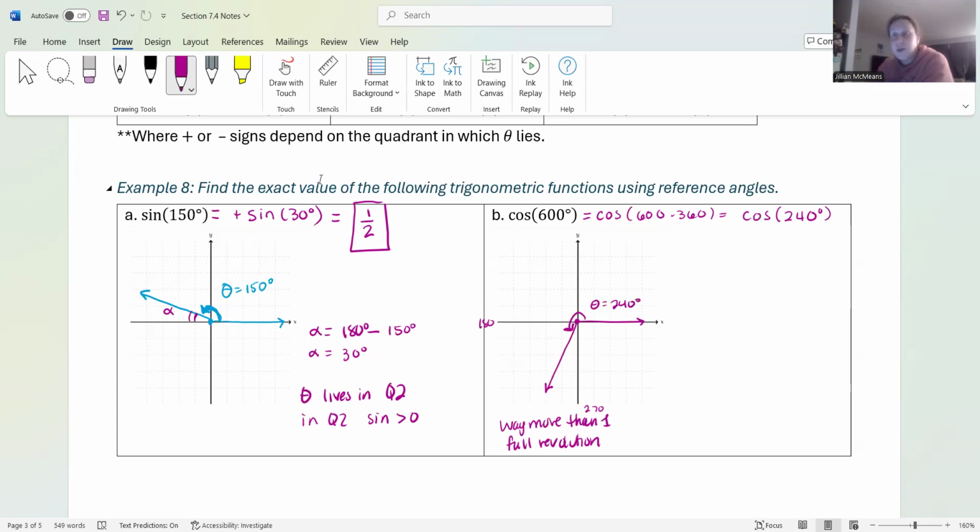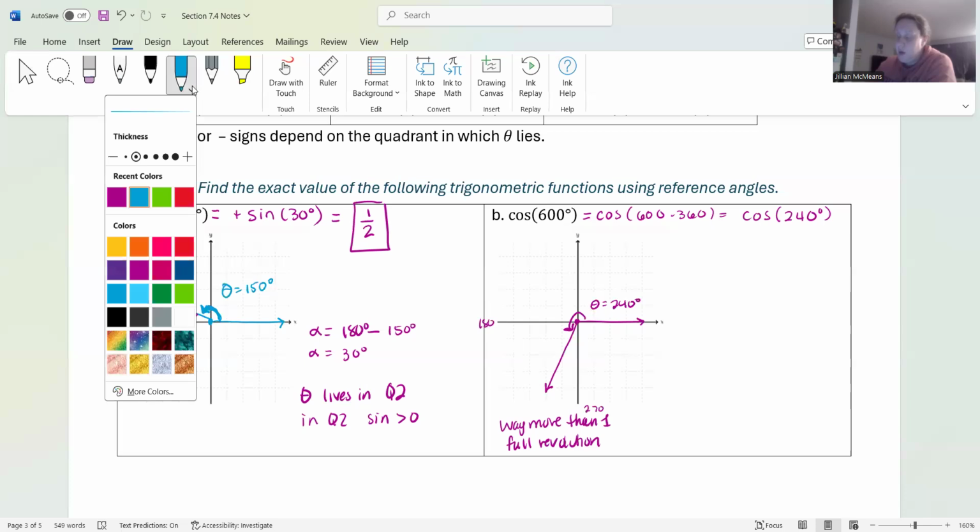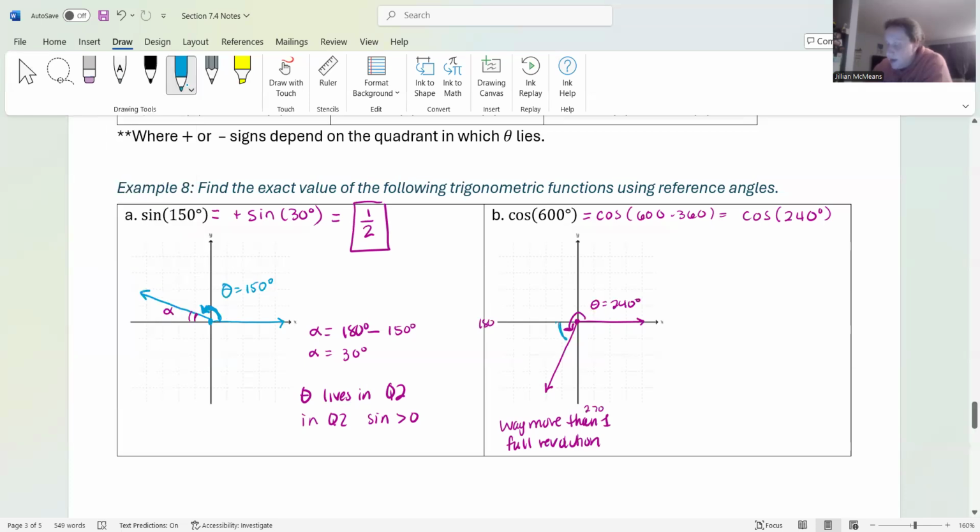So our question is, how far past the x-axis did we go? I've kind of already told you, but let's play around. We want to know what this angle is. Well, we have 240 degrees. We know the x-axis in this case is at 180 degrees. Well, the difference between 240 and 180 is 60 degrees.